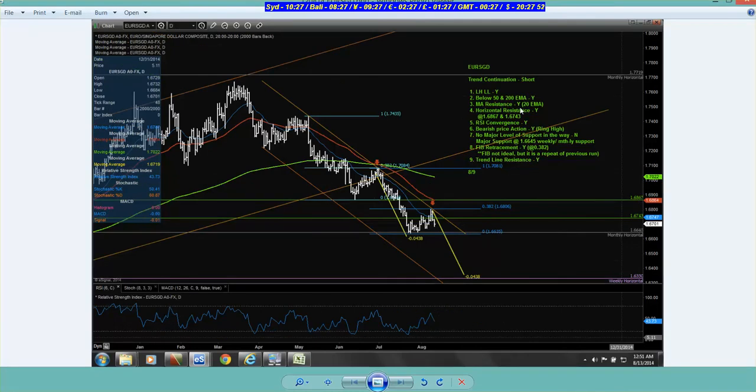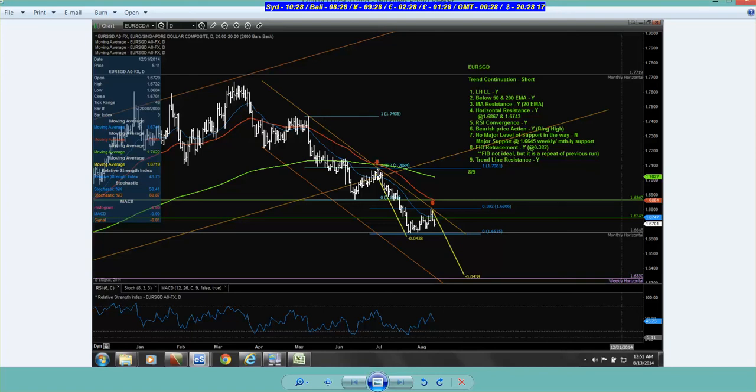MA resistance to 20. Horizontal resistance. Yeah, I prefer the first one you've written there, and it hasn't gone up to it yet. I'm not sure where that one comes from. No major support in the way, good. Fib not ideal, but it's a repeat of previous run.